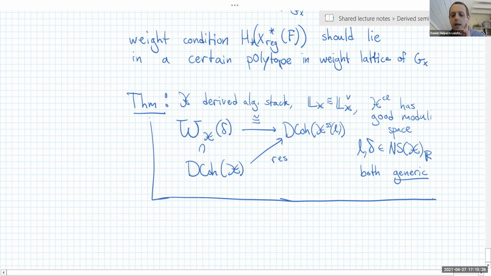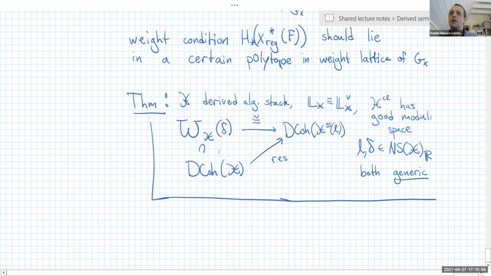So this is the theorem. And again, the left-hand side does not depend on the class that's used to define semi-stability. It's a subcategory, and it's equivalent to the derived category of the semi-stable locus for any choice of semi-stability condition. So this is the true theorem here. Then it's a little bit of work to check that the variation of stability from the Bridgeland picture fits into this framework.